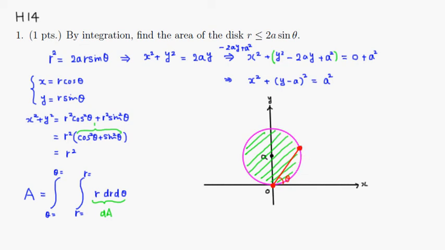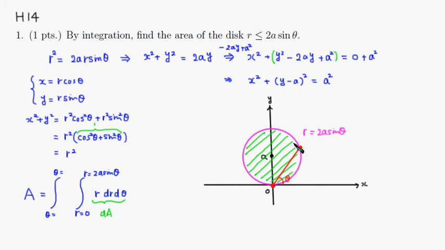Remember that the circle has an equation r equals 2a sine of theta. So r starts from 0 and goes all the way up to the circle, which is 2a sine of theta. That will cover this line segment.